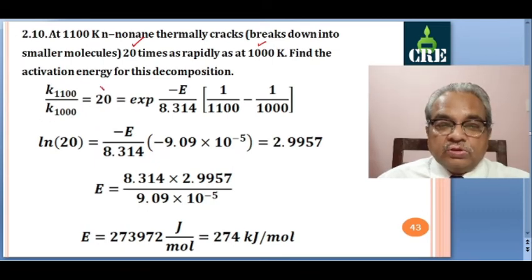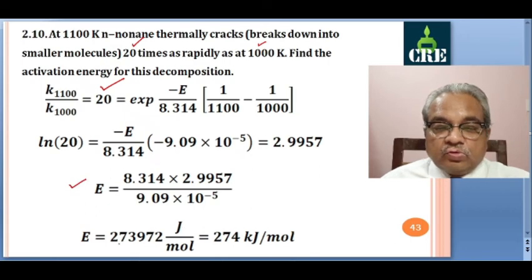This we know, given as 20. It is exponential of minus E by R, E is unknown now, into 1 by 1100 minus 1 by 1000. Substitute all these values and calculate. E you will get as 273,972 joules per mole. In kilojoules it will be approximately 274, so 273.972 you can take as 274 kJ per mole.